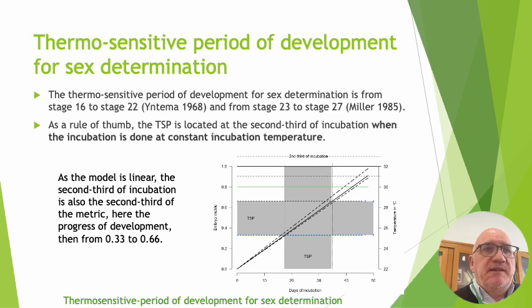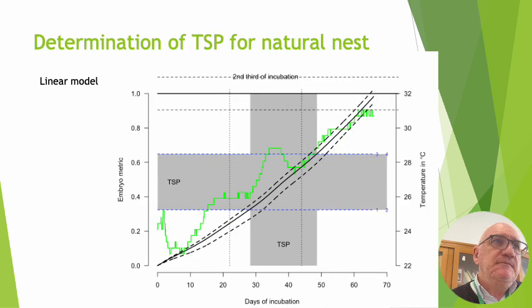As the model is linear, if you are at the second third of incubation duration, you are at the second third of progression of development, then from 0.33 to 0.66. Now let's do it with a natural nest, the same nest as previously used for the Gompertz model. You can see that the TSP is also shifted to the right as compared to the second third of incubation.